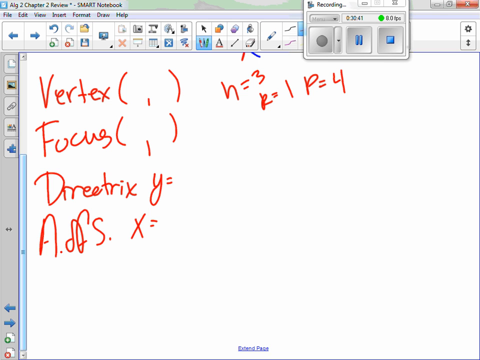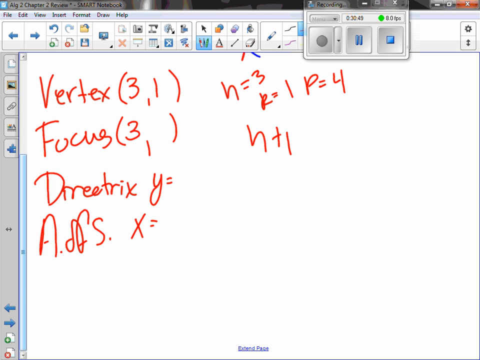Now the focus is going to be 3, and here we have h plus p, not h, k, sorry, k plus p. K plus p, I don't know why I keep writing h. K is 1, p is 4, and 1 plus 4 is 5.